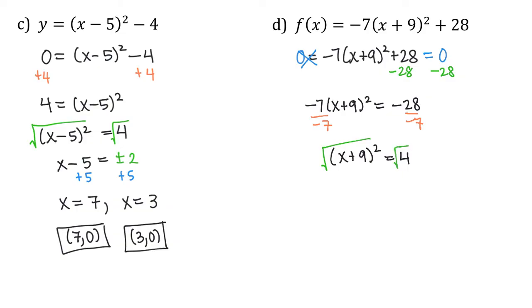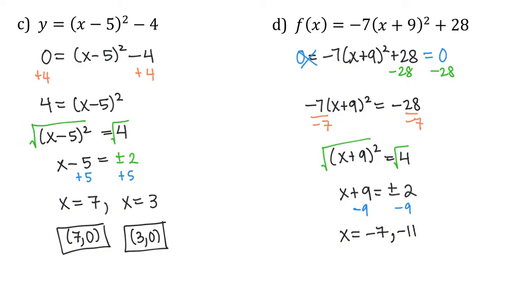Square root. x plus 9 equals plus or minus the square root of 4, which is 2. Let's go ahead and find the values of x. I'm going to subtract the 9. So I get x equals positive 2 minus 9, which is negative 7. Negative 2 minus 9 is negative 11.